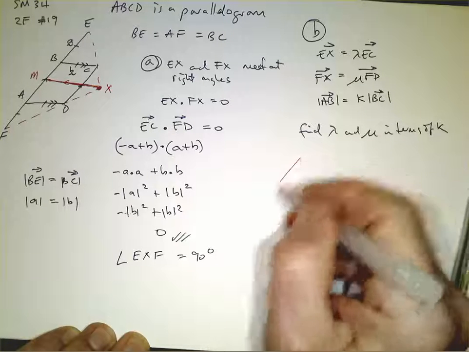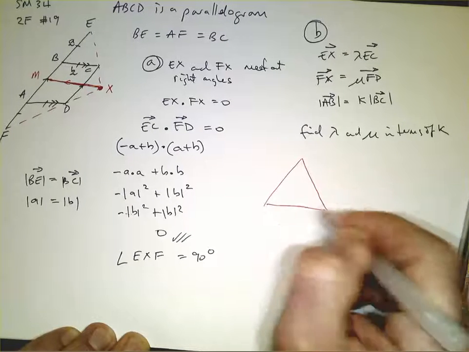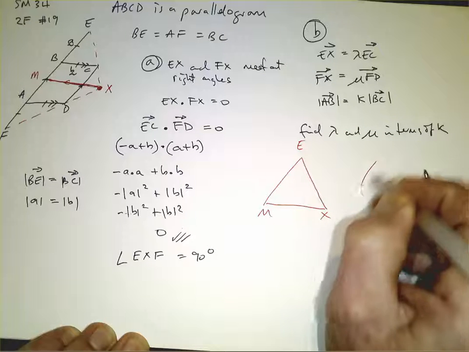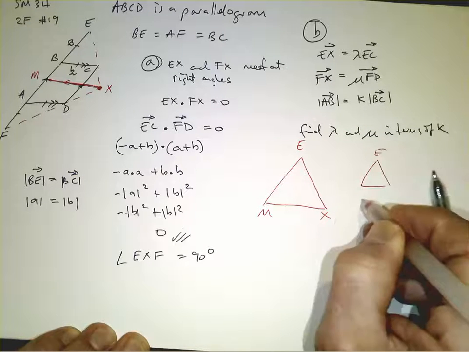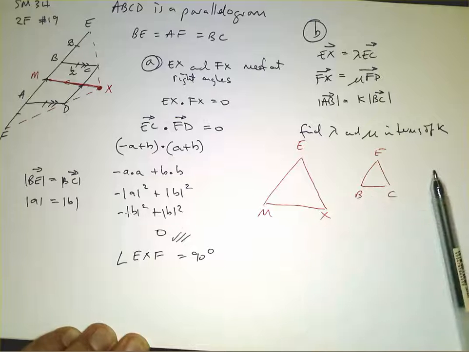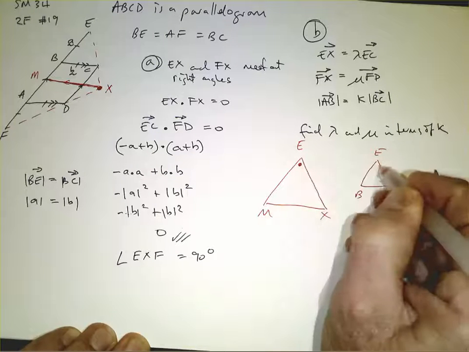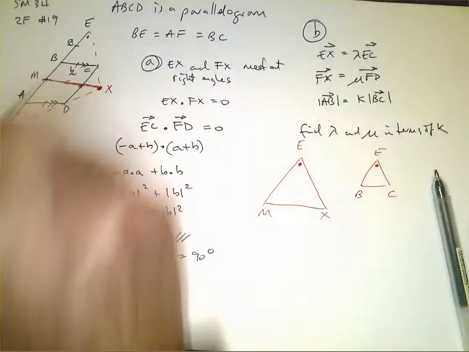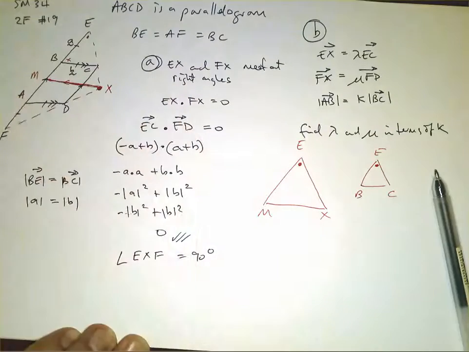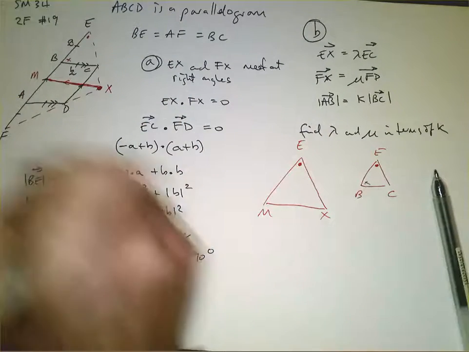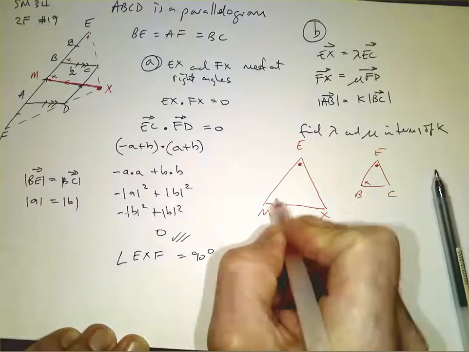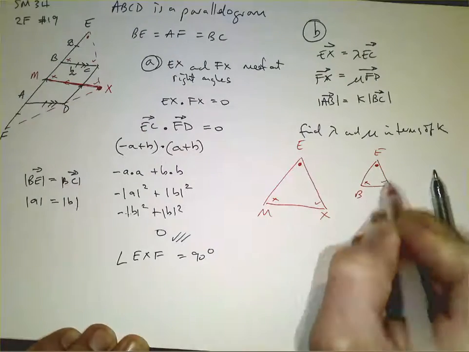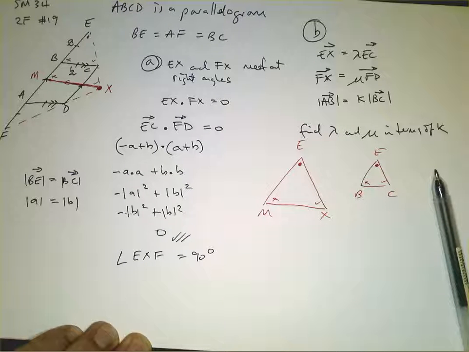And I'm going to consider the triangle which is EMX and the triangle which is EBC. This angle is the same and that angle is the same. And that's that angle there. This angle here is the same as this angle here. So these two triangles are similar triangles.